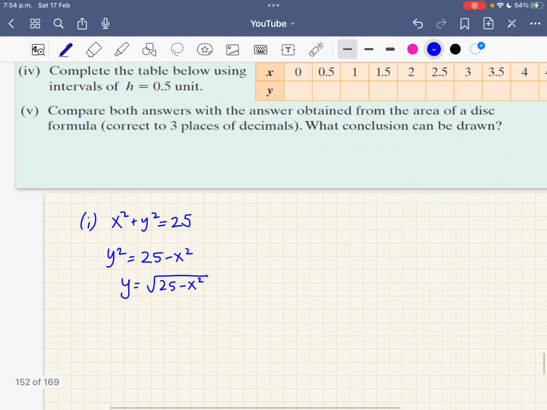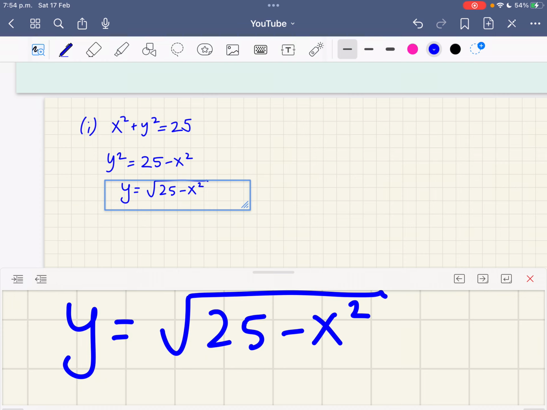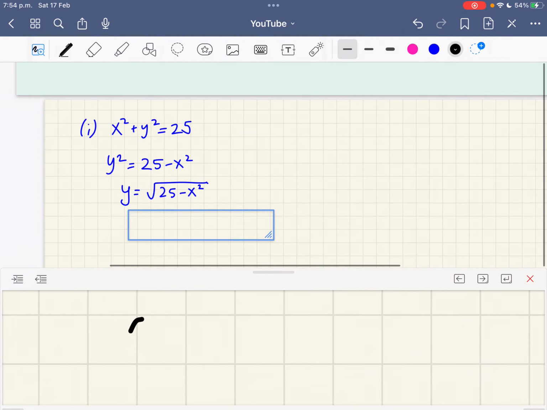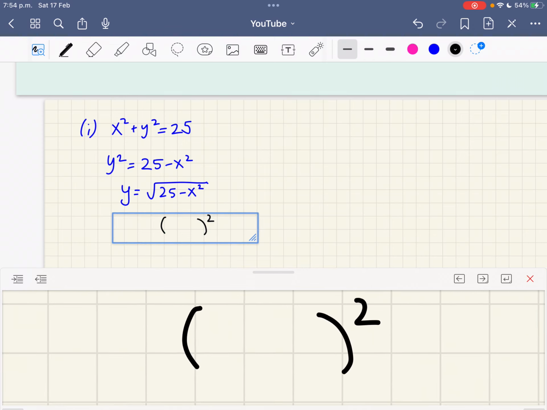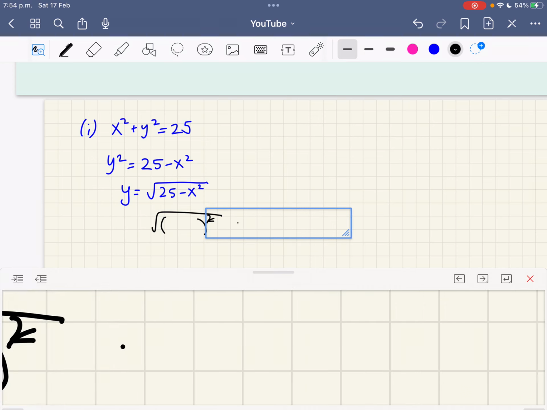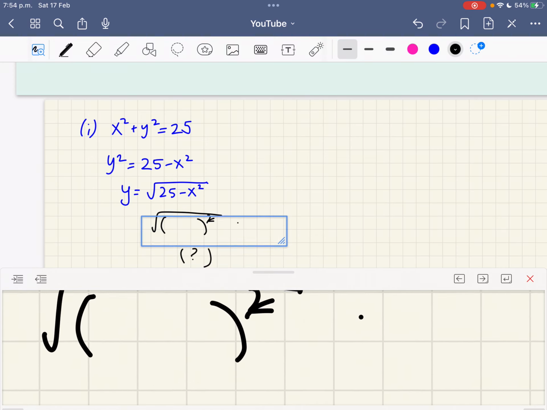With this down here, we can't actually get the square and the x to cancel, because we would need the whole thing to be squared for a square root to cancel with the square. We'd need the whole thing to be squared, and then we'd be left with whatever's in the bracket.